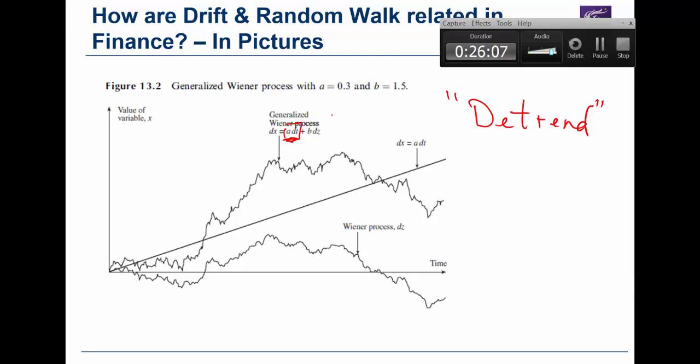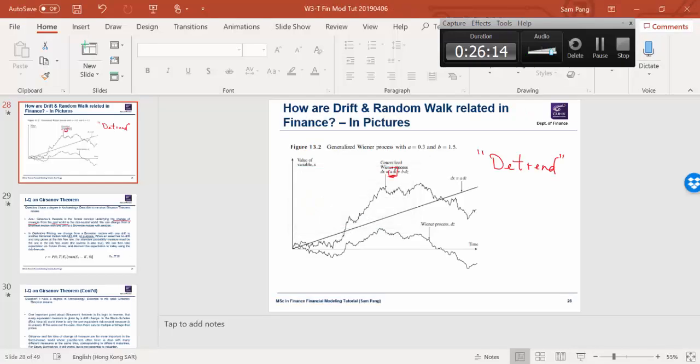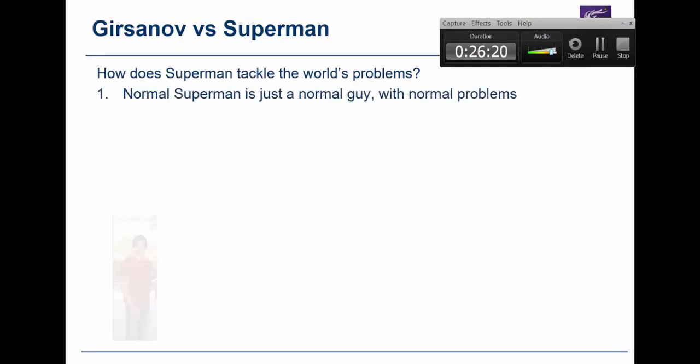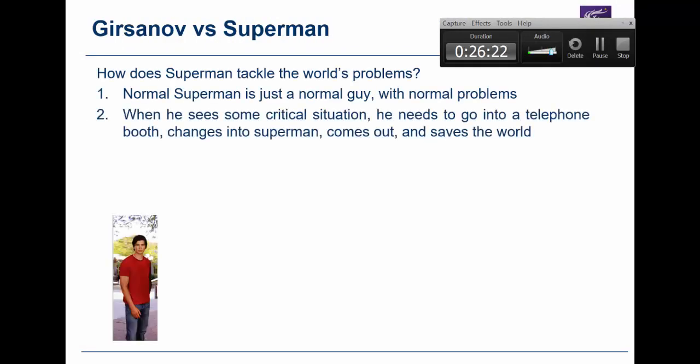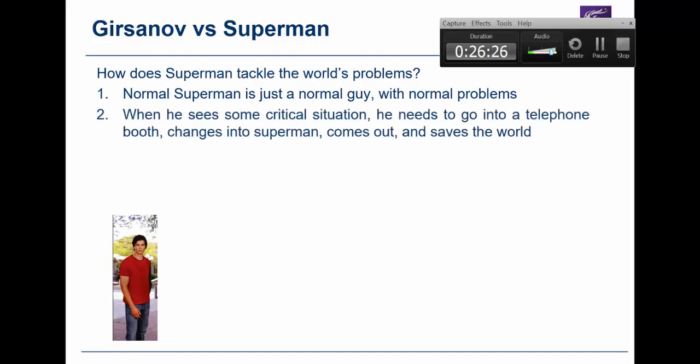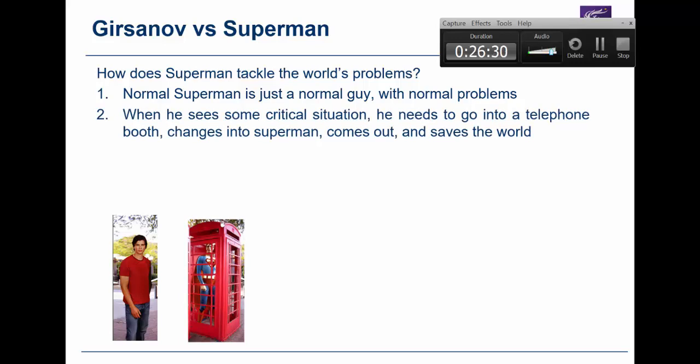Yeah. Now, why did I talk about Superman? Well, look. I said Superman is normally, you don't see him much. He's just a guy walking around, but when there's a problem, he turns into something else.